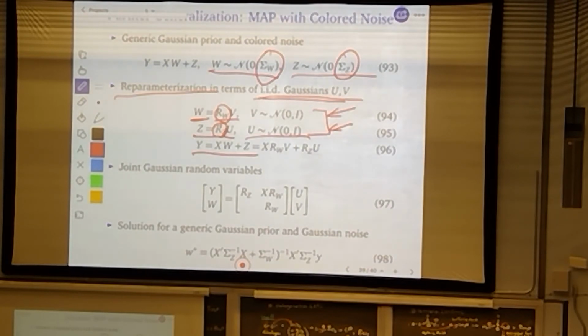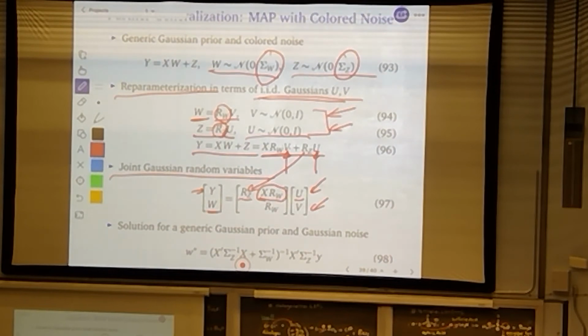And then y equals xw plus z becomes this. And I can write it out in terms of joint Gaussian random variables. One is y equals xw plus z. You see, in the end, the two variables are u and v. So u, I have to multiply with RZ, this term. And this one, for v, I have to multiply with XRW.